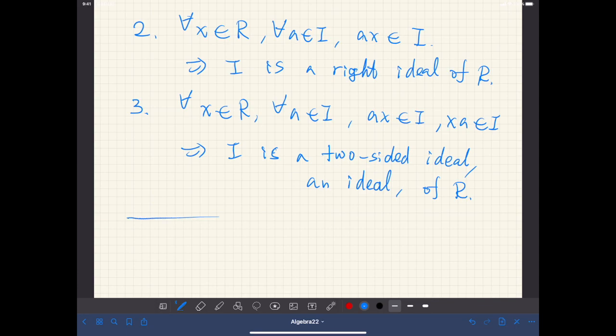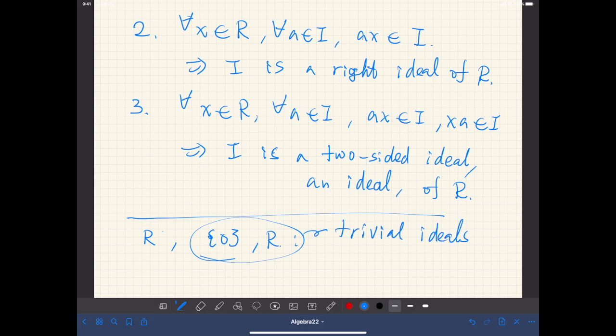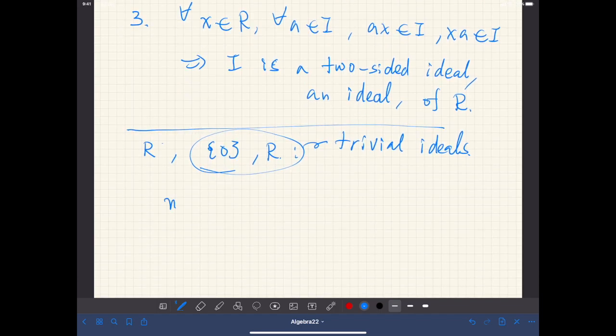So if we just say an ideal of R, that means a two-sided ideal. And if we have a ring R, then the set consisting of only its zero element, and R itself, these are ideals. These are trivial ideals. And non-trivial ideals are subsets of R that are proper subsets of R and that are also ideals.